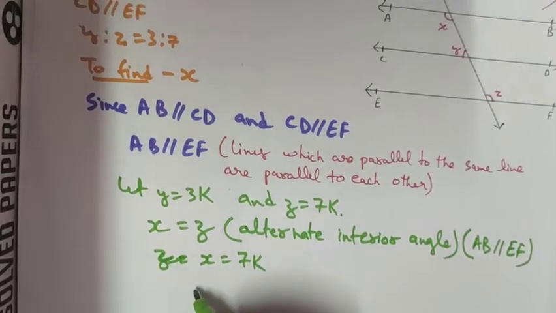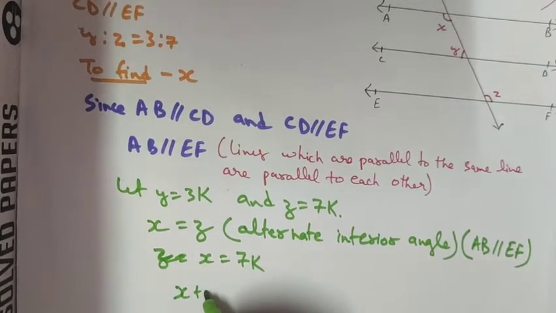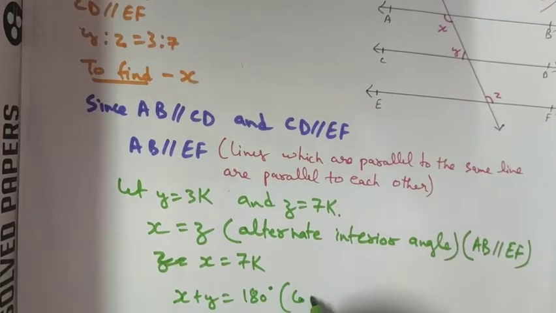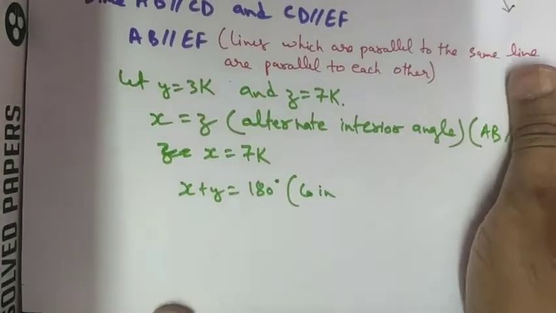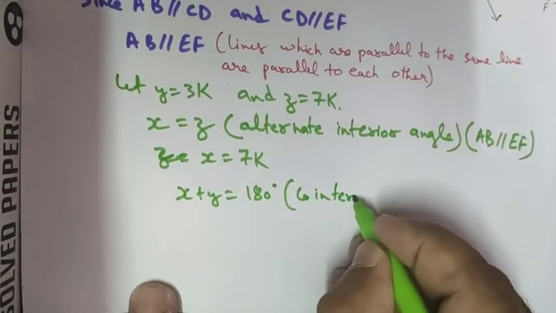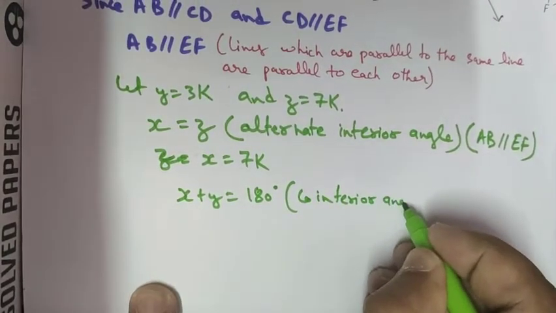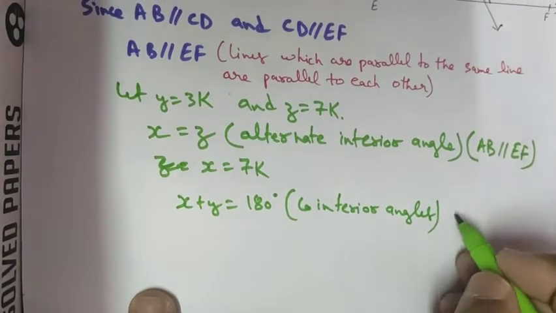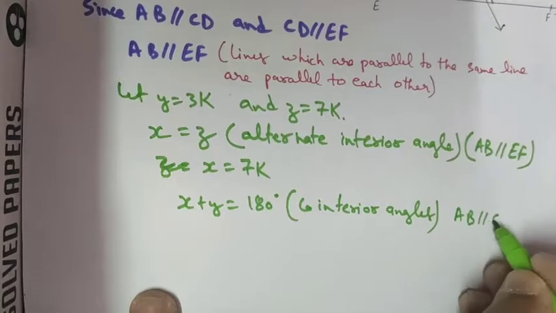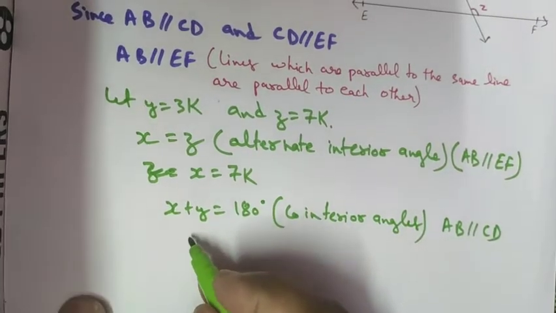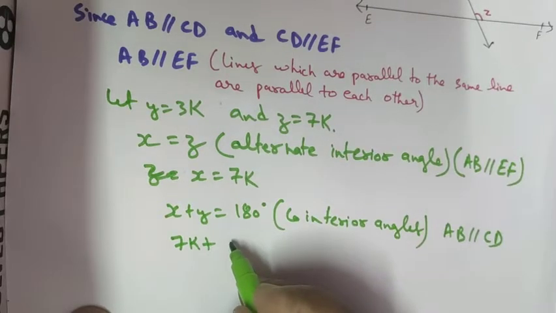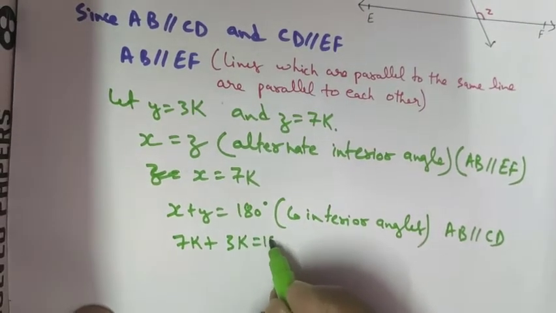Now x plus y equals 180 degree, because they are co-interior angles, as AB is parallel to CD. So now value of x is 7k plus value of y is 3k equals 180.